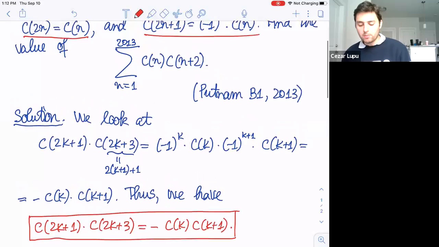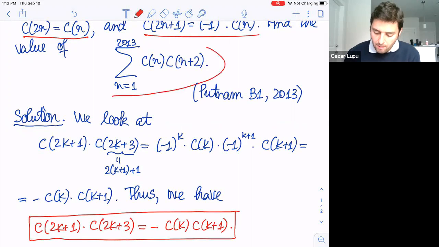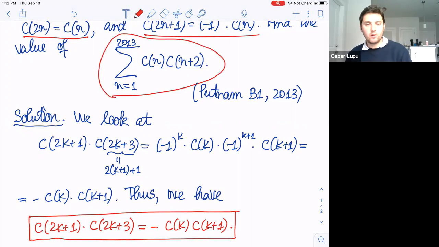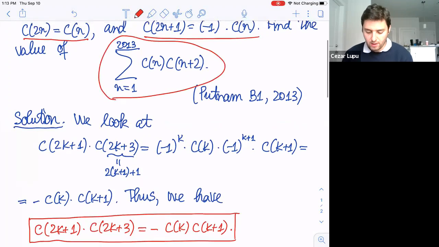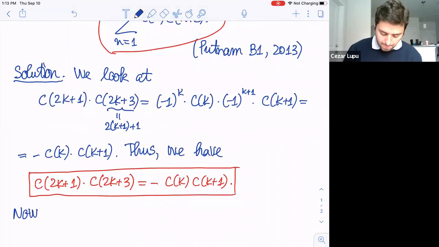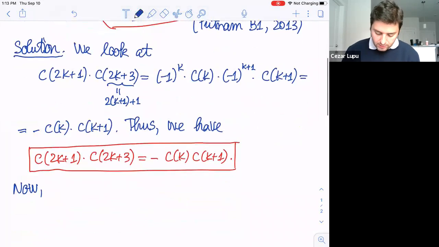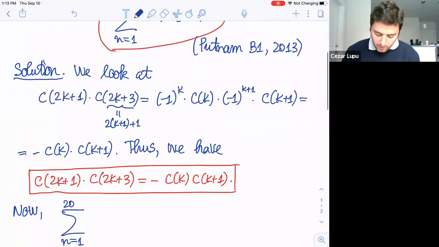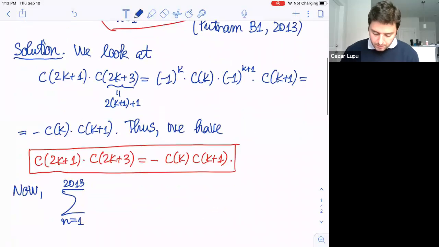But now if I look at my sum, just look at what I have to compute. Let's look at it very carefully. The sum from n equals 1 to 2013 of Cn times Cn plus 2.